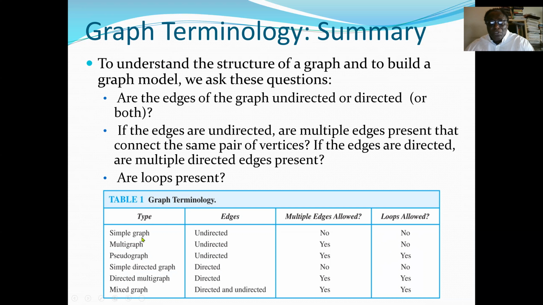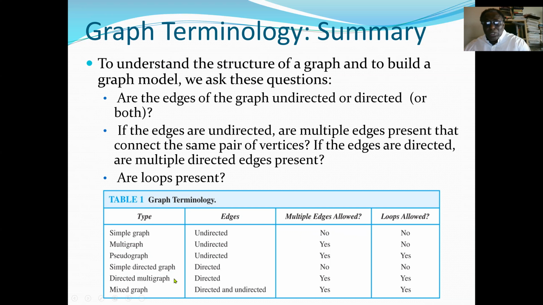So those are the examples. If I have a simple graph, the edges are undirected, we don't allow multiple edges, and we also don't allow loops. In the second case, a multigraph that is undirected, we may have multiple edges, which is allowed, yes, but loops are not allowed. Next, the pseudograph is undirected, multiple edges allowed, yes, and loops allowed, yes.